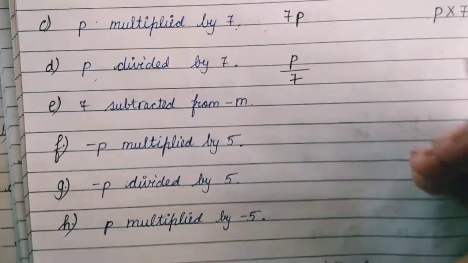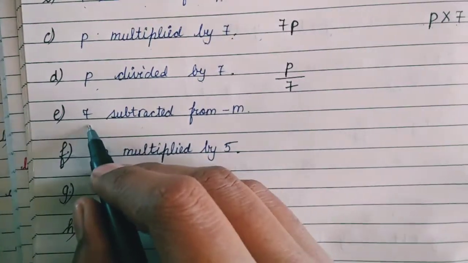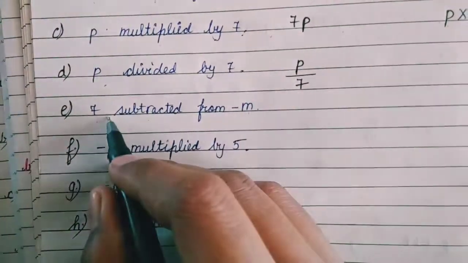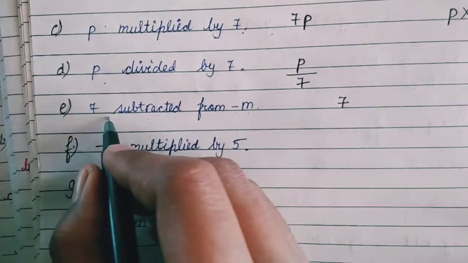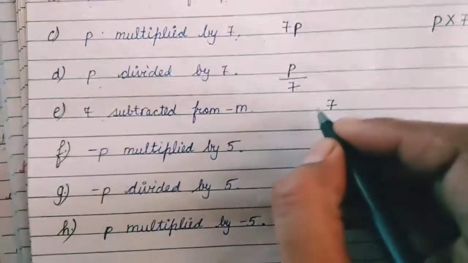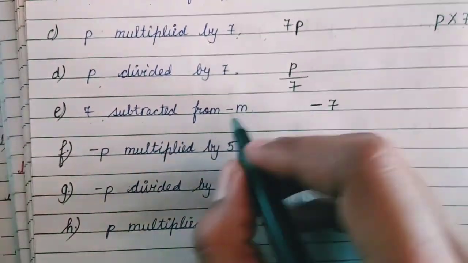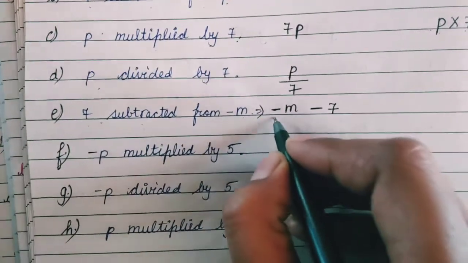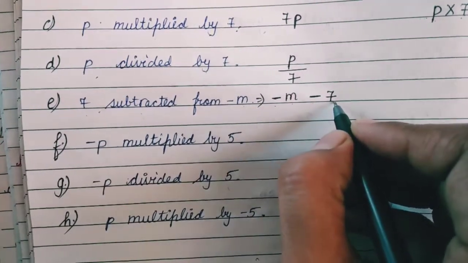Now E is 7 subtracted from minus m. What is 7 doing here? 7 is subtracted from minus m. So its answer is minus m minus 7.